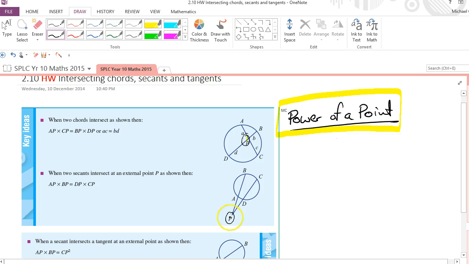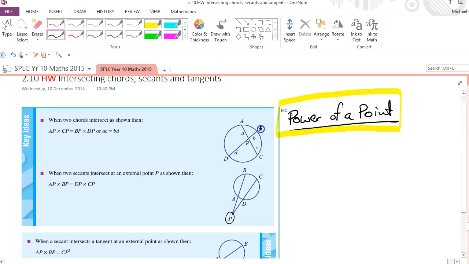What we're going to show is that if P, A, B are in a straight line and P, C, D are in a straight line, then the product of PA multiplied by PB is equal to the product of PC multiplied by PD. It doesn't matter which situation we're in, but there is a little problem with the way they've labelled their circle up there. I want P, A and B to be all in a straight line.